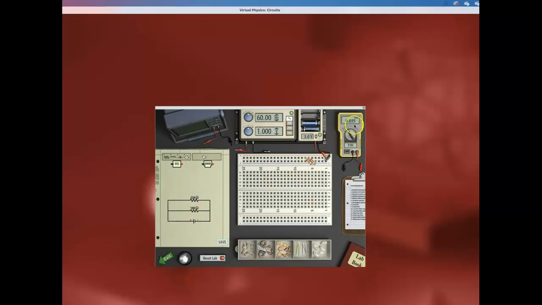Okay, now I need to go back to the current DC, amperes, and I will measure now the current, and that is going to be the one for 180. Then I will have that current measurement for the parallel circuit.